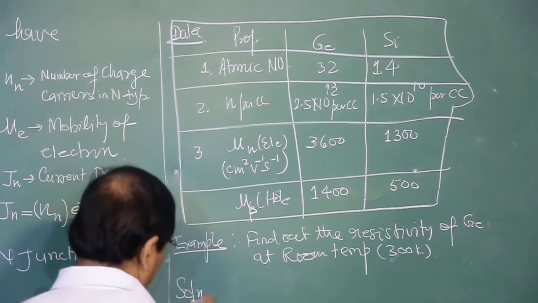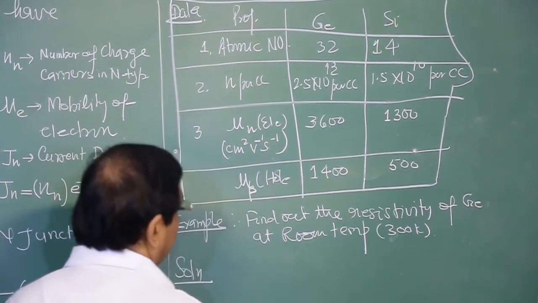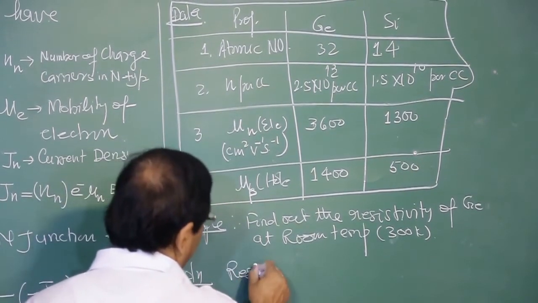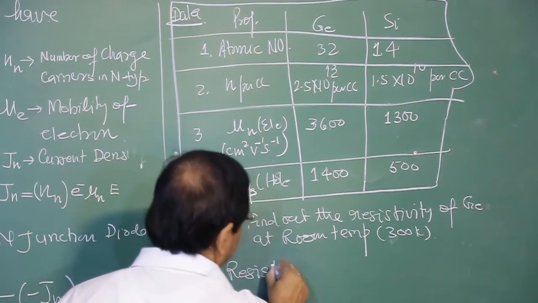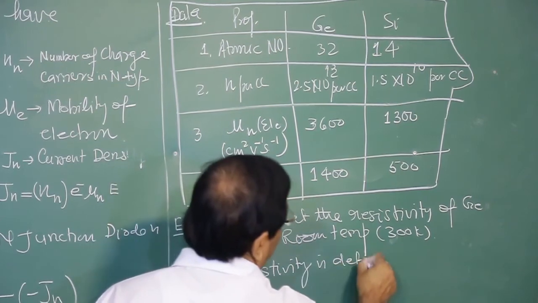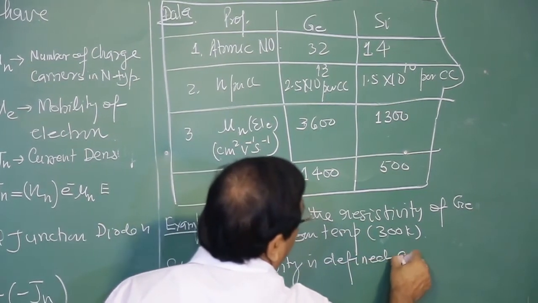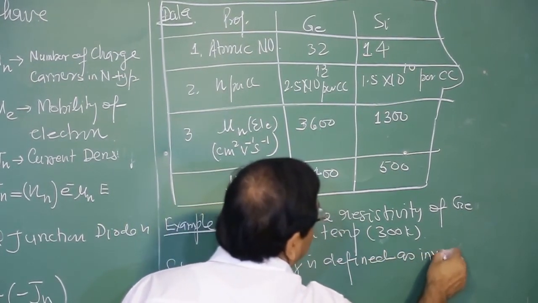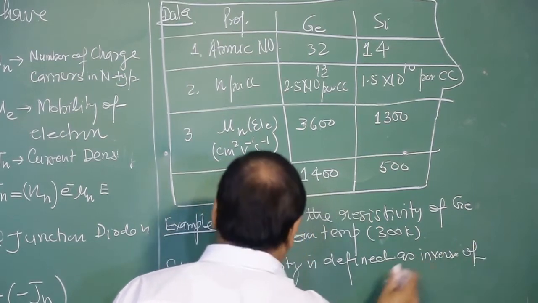Solution: resistivity is defined as the inverse of conductivity.